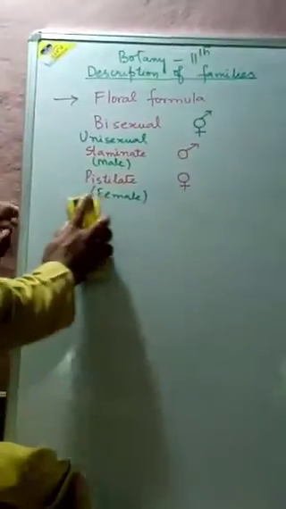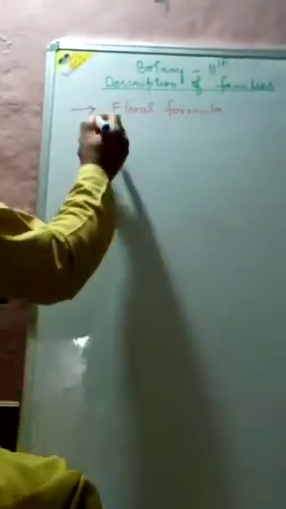Now, the various whorls which are present in the flower. The outermost whorl, that is called as the calyx.